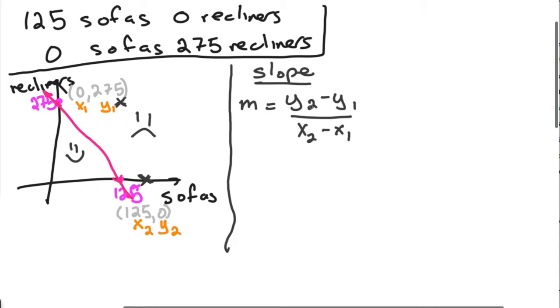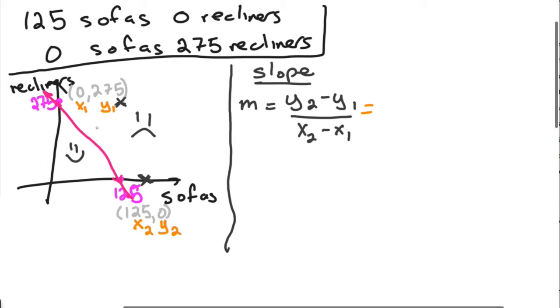Actually, the y2 minus y1 can be in the opposite order. The important thing is that top and bottom are in the same order, x1, y1. If you switch it around to y1 minus y2 and x1 minus x2, you would end up with the same exact number.